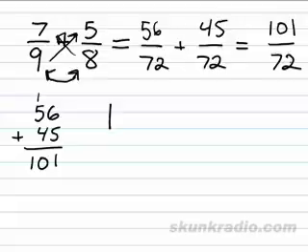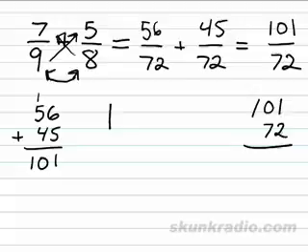Once we divide 72 into 101 one time, that's going to leave a remainder of, well, I can't do it in my head, so let me go ahead and just do this subtraction problem here. And so I have 1 minus 2. I have to borrow.